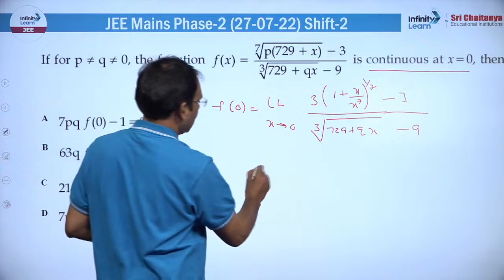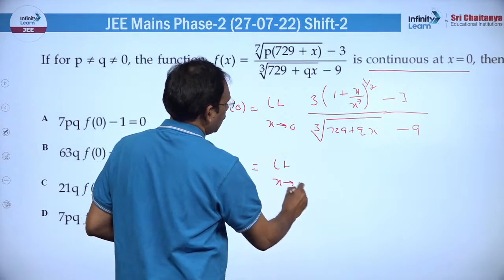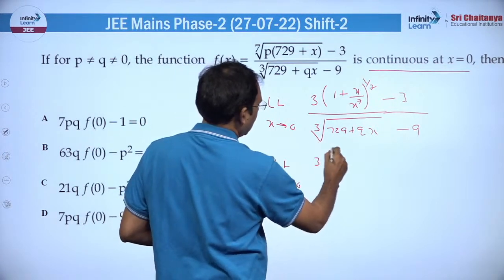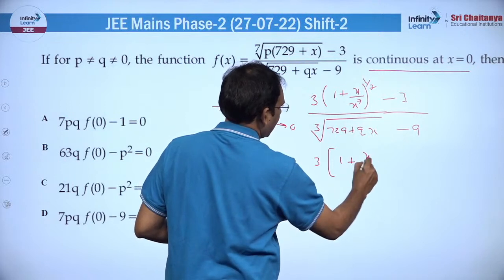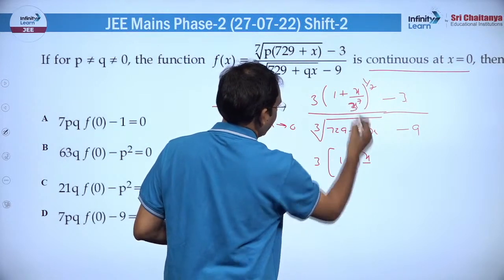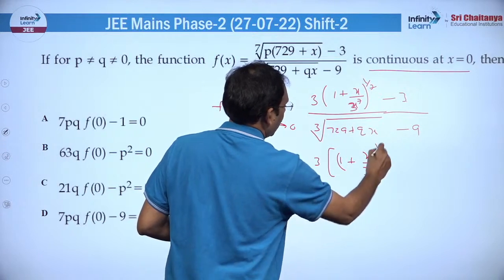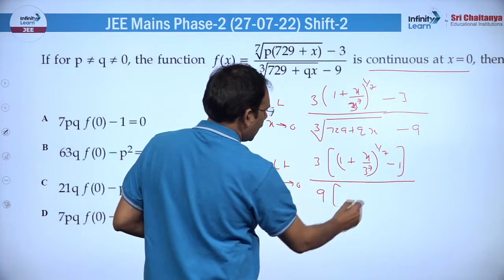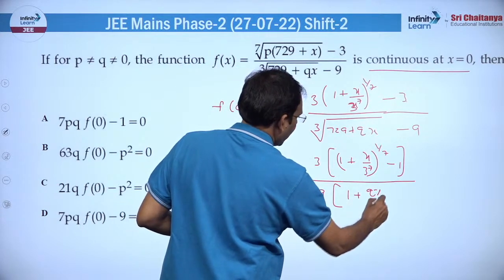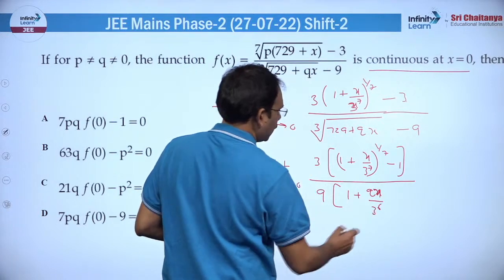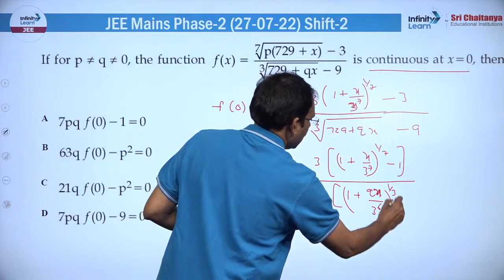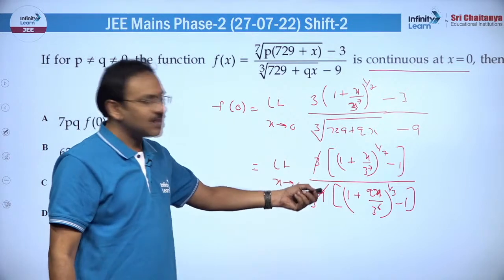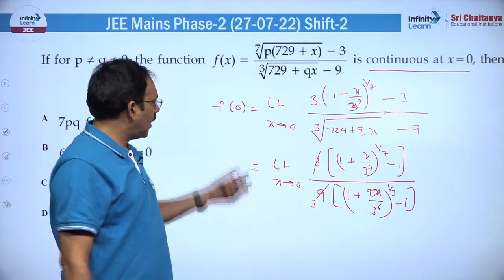Here also you can write the limit as x tends to 0, you can take 3 common, into 1 plus x by 3 power 7 whole power 1 by 7 minus 1, by, here you can take 729 common, 9 into 1 plus qx by 3 power 6, 729 power 1 by 3 minus 1 you will get. Of course, this gets cancelled 3 times.